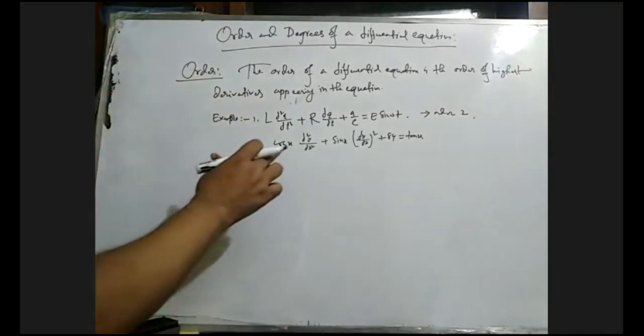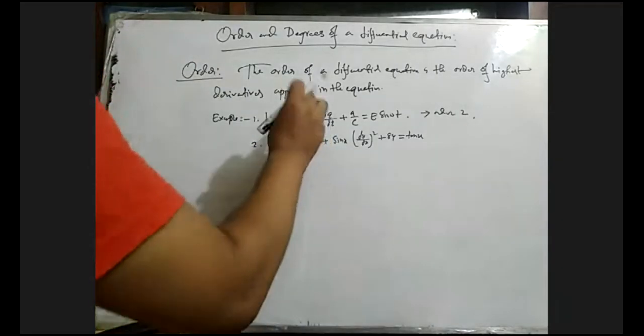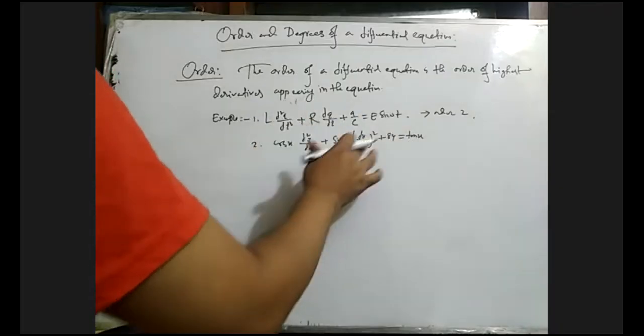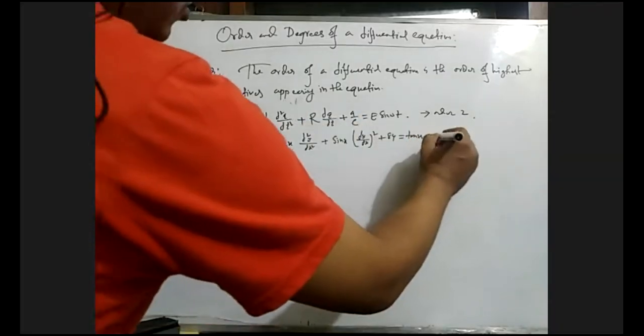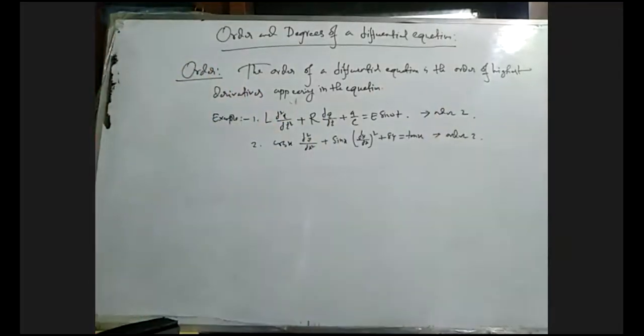The highest derivative is of second order, that means second derivatives. This is why the order of this differential equation is also 2, because the highest derivative appearing in this equation is 2. Understand everybody?